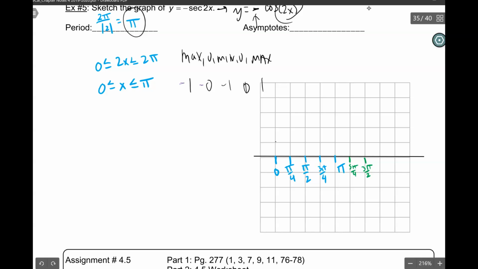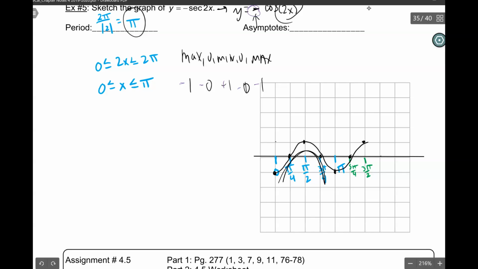This changes all the signs, and that takes into account flipping it. So I'm going to start at negative 1, go to 0, go to positive 1, 0, negative 1, 0, max, 0, min, 0, max, 0, min, 0. Okay. So this is what my cosine function looks like.